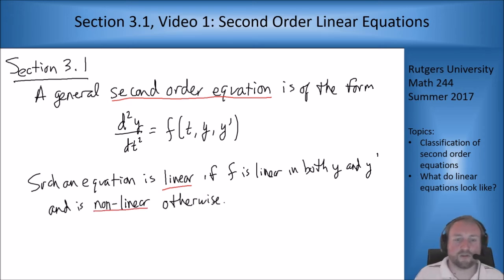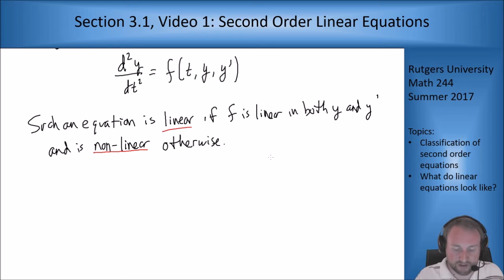Now, just like before for first order equations, if a second order equation is linear, it has a very specific form, right? It means that the only things I can have on the right-hand side are functions of t, or y times a function of t, y prime times a function of t. So in particular, we have a general form for these equations.